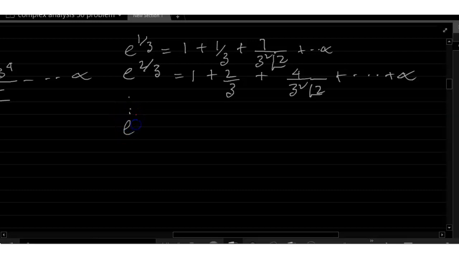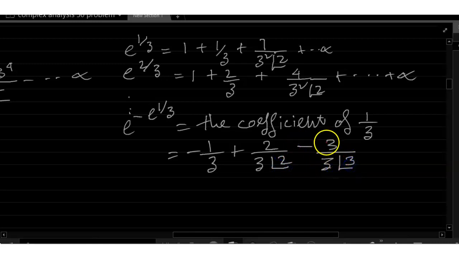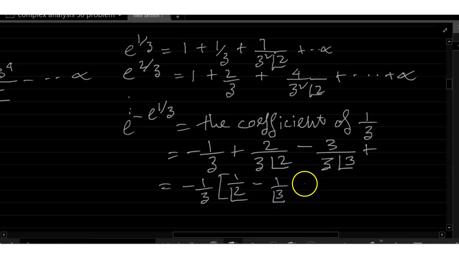So we can write that e^(-e^(1/z)) equals the coefficient of 1/z equals -1/z + (2/z)/2 factorial - (3/z)/3 factorial, up to this way, and we can say that -1/z we can take common. -1/z times (1 - 1/2 factorial + 1/3 factorial up to infinity).